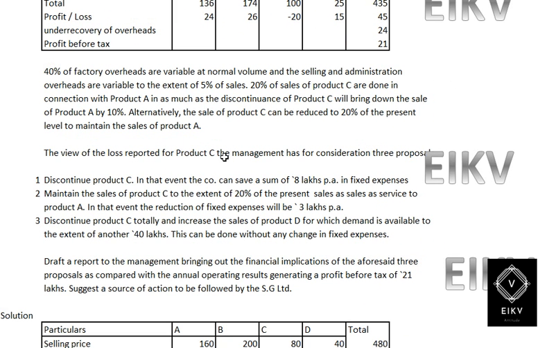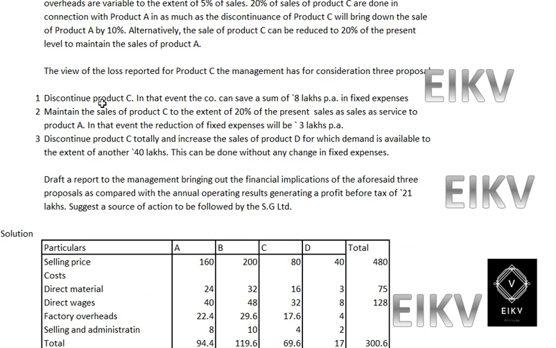But product C is related to product A. So if product C is discontinued, then product A will lose its market share by 10%. Alternatively, the sale of product C can be reduced by 20% to sustain product A. Yes. So then they have given us three proposals.